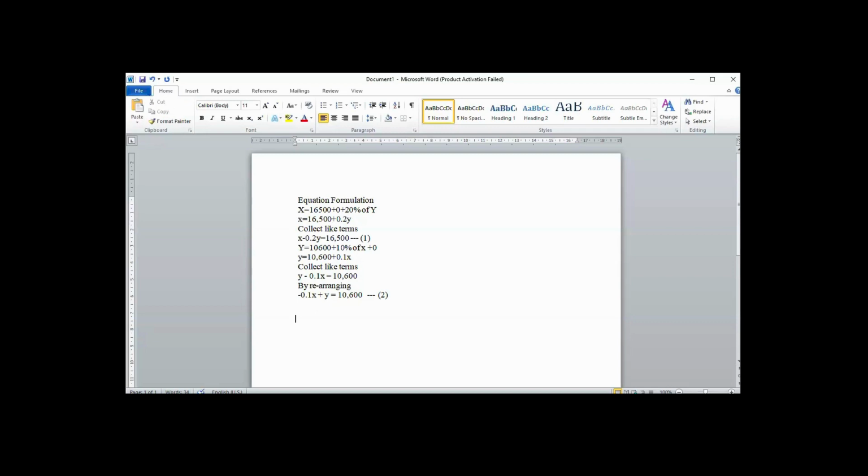And when you look at your equation 2, you have y minus 0.1x equals 10,000. You must do your equation 2 in line with your equation 1. Is that clear? Yes, sir.